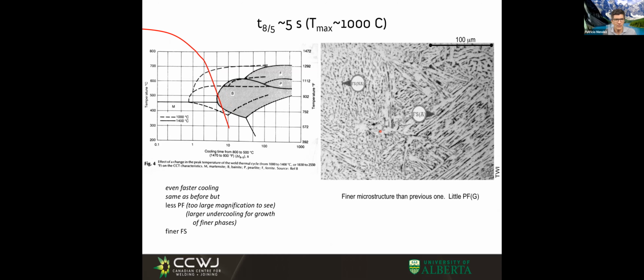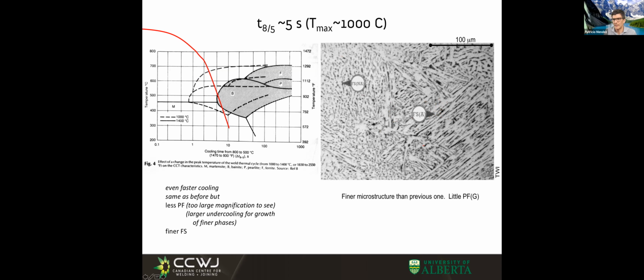If I cool faster, in this case, actually, I don't like it so much, but okay. If we cool down faster, we get to see that we have less primary ferrite. In this microstructure, we don't even see the primary ferrite. And we start to see a mixture of ferrite, which is the white, and the carbides, which are the black. And they can be aligned or non-aligned.